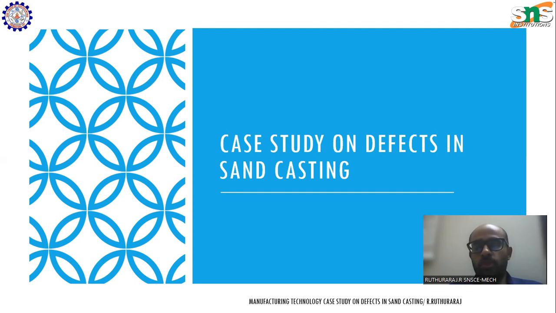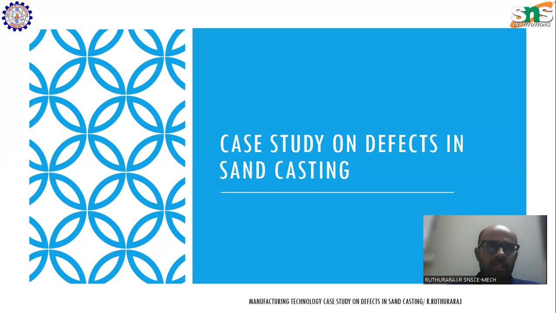Maybe due to blowholes that may occur when improper ventilation is provided. So to prevent blowholes, we are providing vent holes in the casting process to make the trapped gases escape. If the trapped gases do not escape, during the solidification they tend to form blowholes.